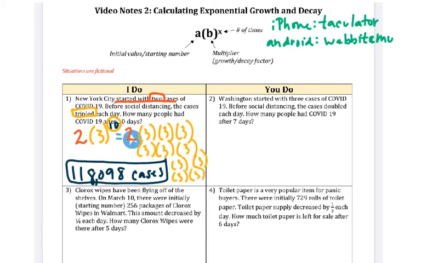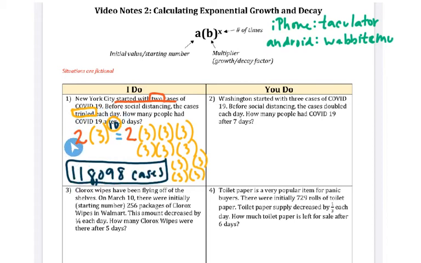So it takes my starting number, and then it takes our times 3, and it's doing that 10 times. 3 times 3 times 3 times 3 times 3 times 3 times 3 times 3 times 3 times 3. It's tripling every day. So it triples, and it triples again, and again, until we get this really big number here.